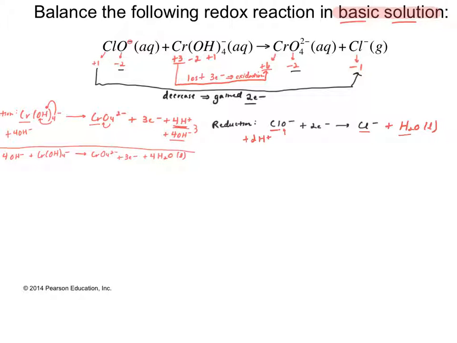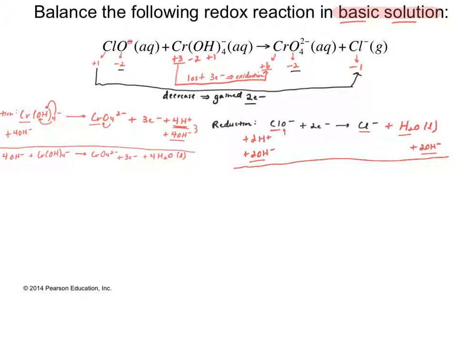Except now, again, we're in a basic solution. So to get rid of the H pluses, I have to add the same equivalent amount of OH minuses, and I have to do that to both sides. Oh, it's 2, pardon me. So 2 OH minus. Okay, so we added the water to balance the oxygens. We added the H pluses to balance the hydrogens. And now to get rid of those H pluses, we're going to add an equivalent amount of hydroxide ion.